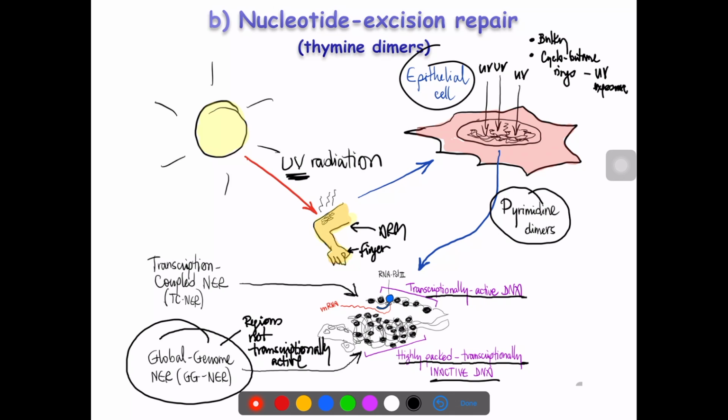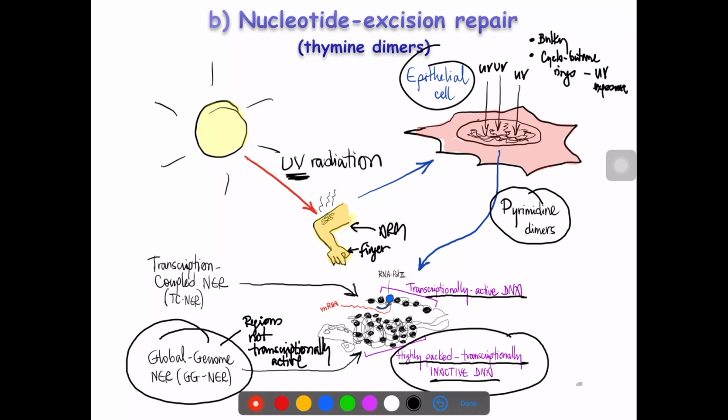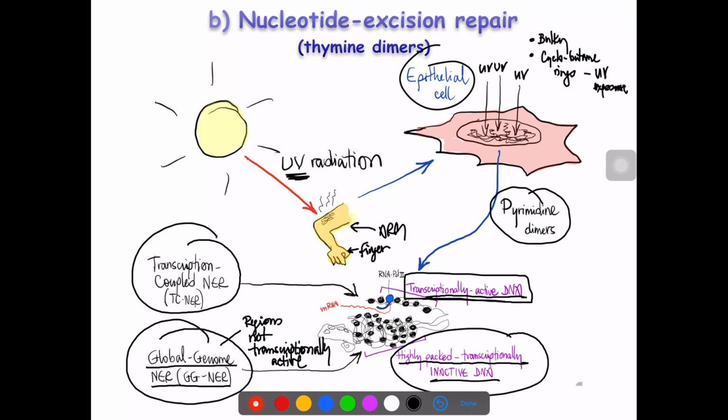So if it happens in the transcriptionally inactive DNA, then you will invoke global genome nucleotide excision repair. Whereas if it were to actually happen in transcriptionally active regions of your DNA, regions that are being actively transcribed into RNA, then the mechanism to repair that type of damage will be transcription coupled nucleotide excision repair. All right, so let's go through both of those different variations of nucleotide excision repair.